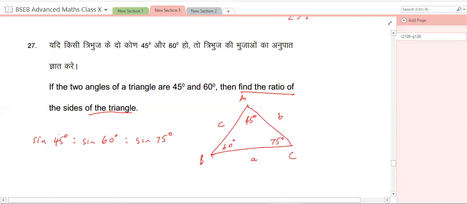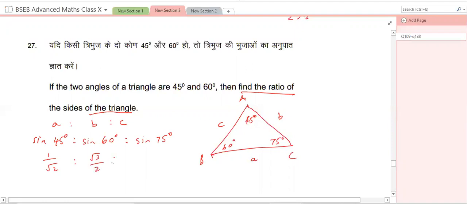In other words, we want to find A is to B is to C. So sine of 45 is 1 over root 2. Sine 60 is root 3 over 2.